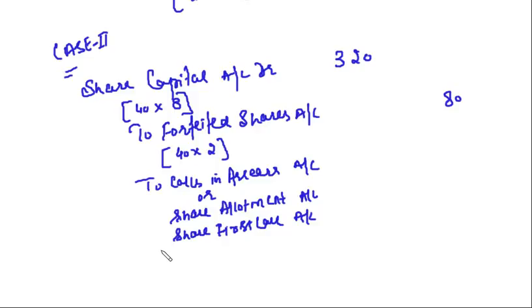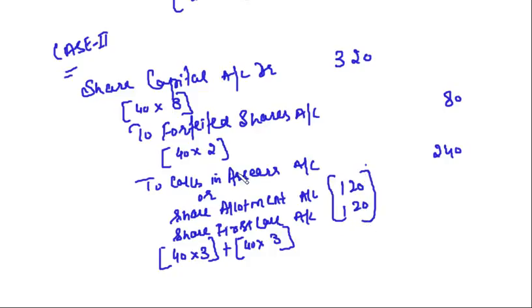Now what is the amount that is pending? On 40 shares you have not received 3 on allotment, plus on 40 shares you have not received 3 on first call. So 240 rupees you have not received. If you post these two accounts, then it will be 120 and 120 this way.